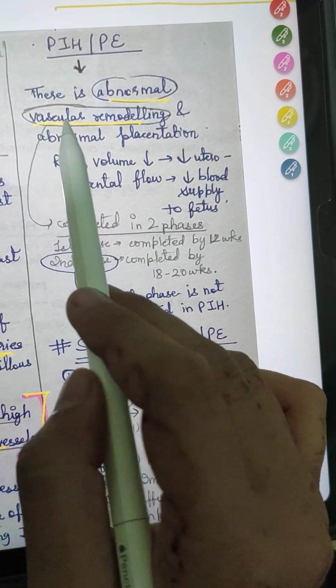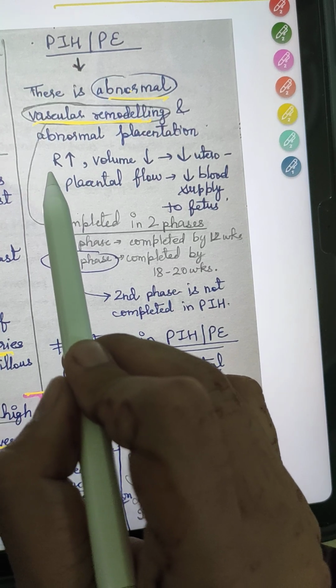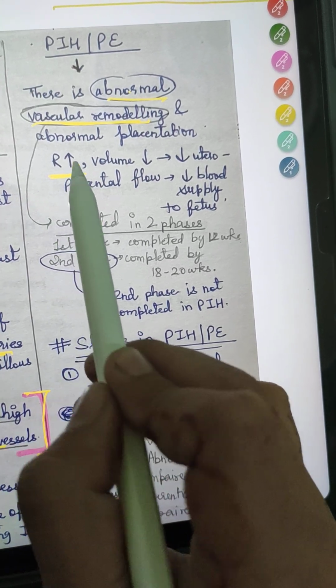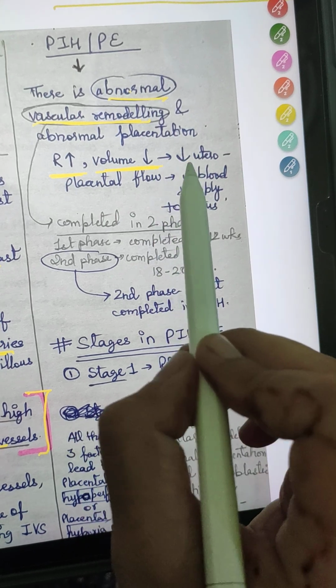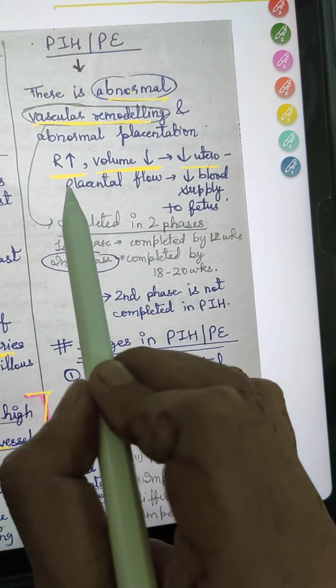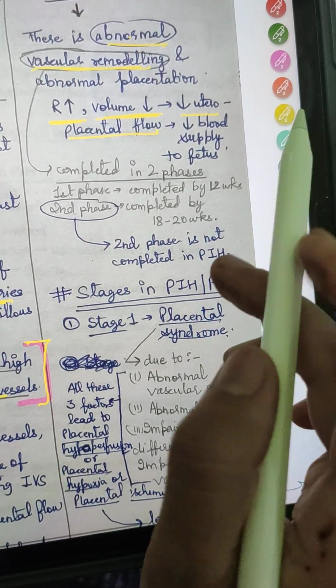Means what happens in abnormal vascular remodeling is the resistance is high or the pressure is high, then the volume of blood flowing through it is less. So there is decreased uteroplacental blood flow, decreased blood supply to the fetus.